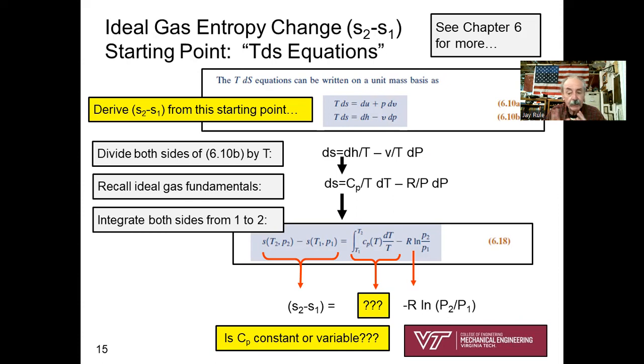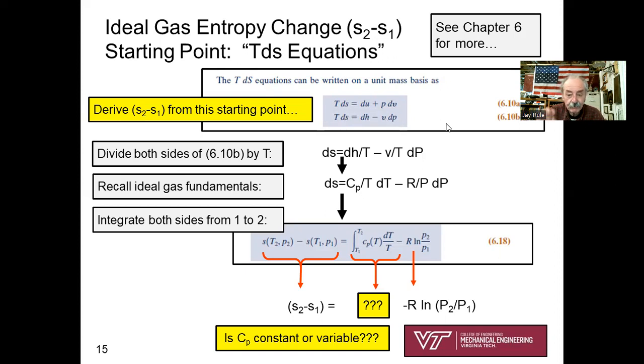And look, Dr. Von Spakovsky does a superb job, along with the other instructors, starting with the TdS equations that are given in your book. Now, these can be derived, but let's start with these TdS equations, and I'm going to suggest that you can derive expressions for S2 minus S1 from these two expressions. For this presentation, let's look at the second TdS equation. It's a differential equation that involves 1, 2, 3, 4, 5.